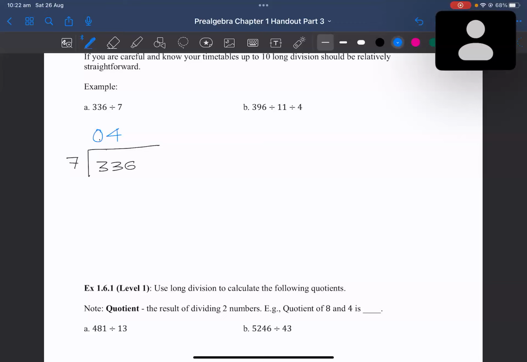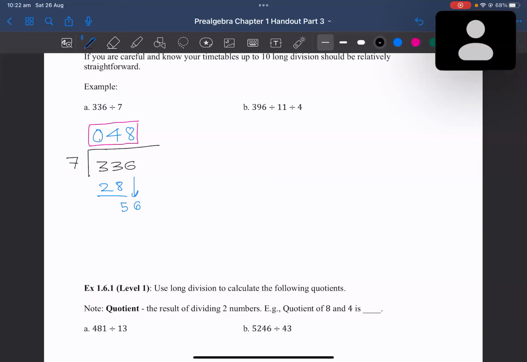So 4. 7 times 4 is 28. So you take that away. 33 minus 28 is 5. Bring this 6 over. 56. How many 7s are in 56? 8. That's 48 is our answer. That's part A.